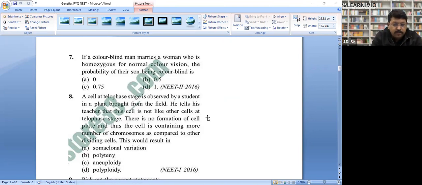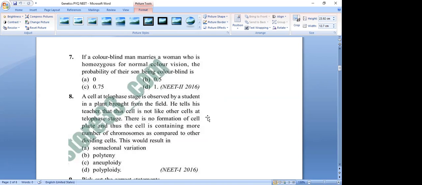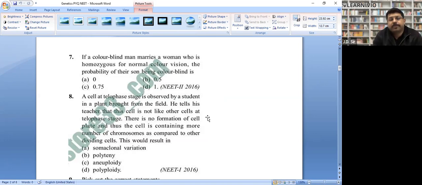What is the probability of their son being colorblind? I'll give you a hint. The X chromosome comes from the mother. In sons, the X chromosome comes from the mother, and the X chromosome is the carrier of the colorblind gene. There will be zero possibility. Very good. There will be 0% possibility.